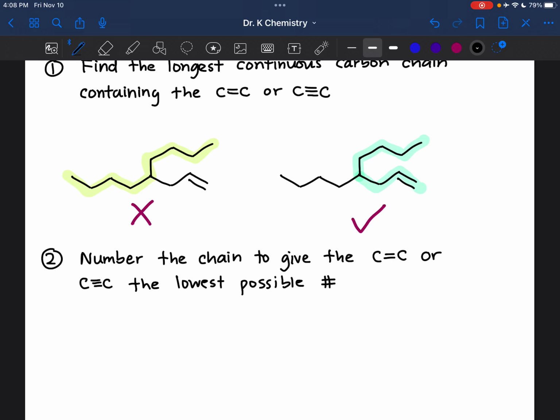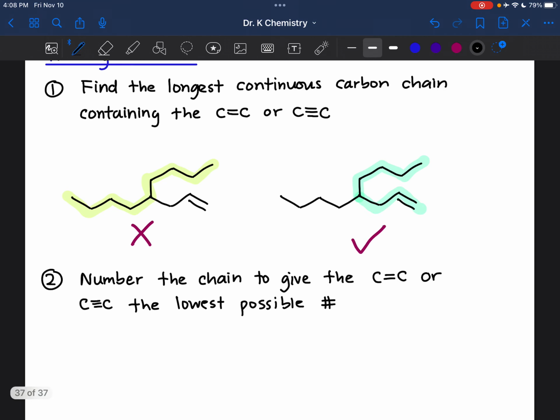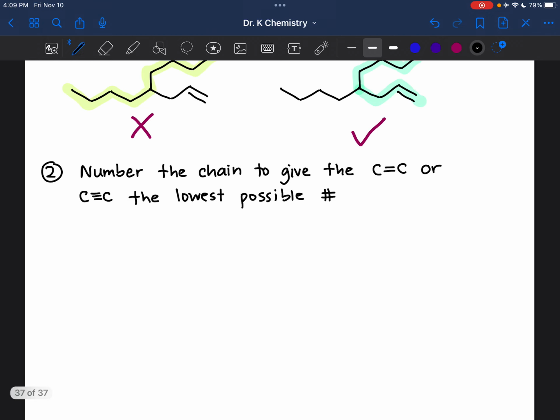So when we looked at alkanes that had either alkyl or halogen substituents, we were prioritizing the substituents. Here we now have a higher ranking group. So you're going to give the double bond or the triple bond the lowest possible number, even if it comes at the expense of the substituents. So just be a little bit careful with that. That's an important rule change.